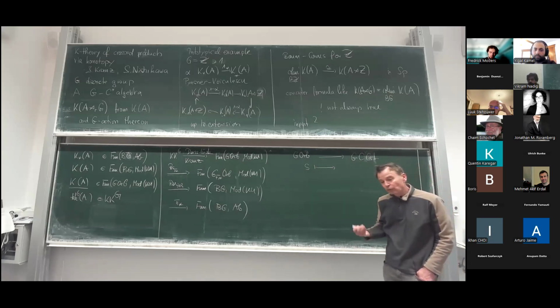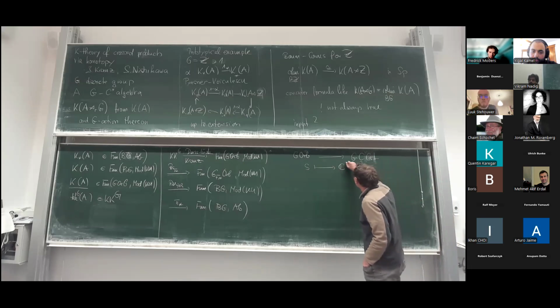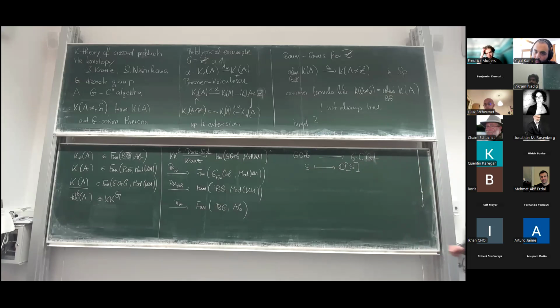We have only endomorphisms, no morphisms between different points, and the endomorphisms are C. So this is just the C-linearization of the set considered as a discrete category. And this turns out to be a nice functor because everything is functorial.